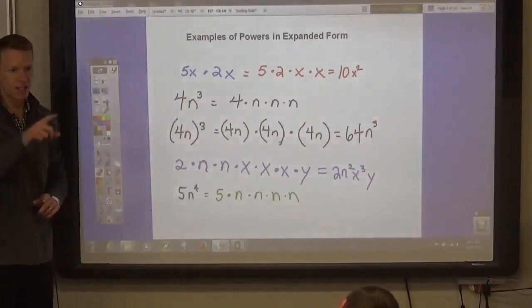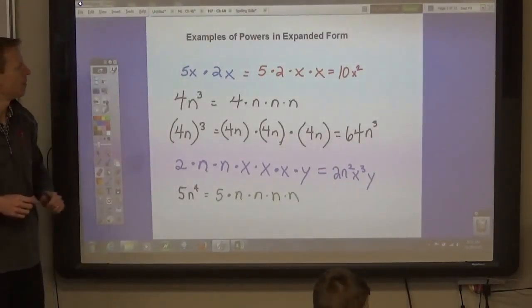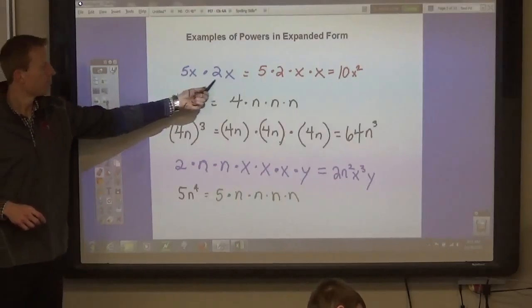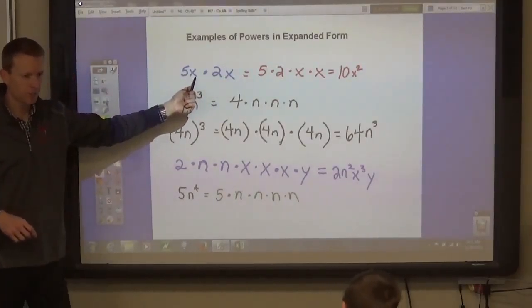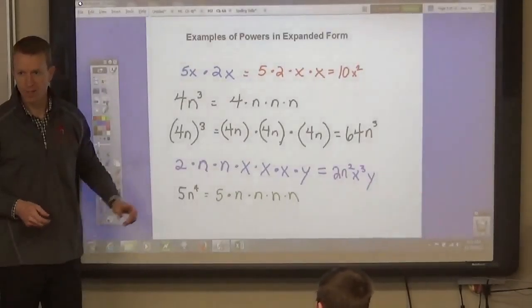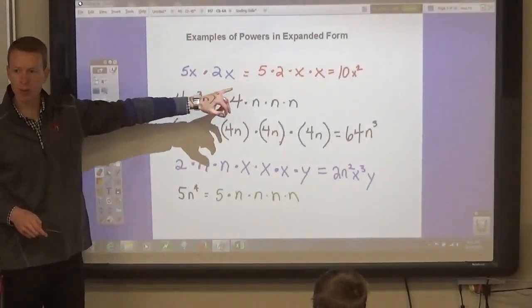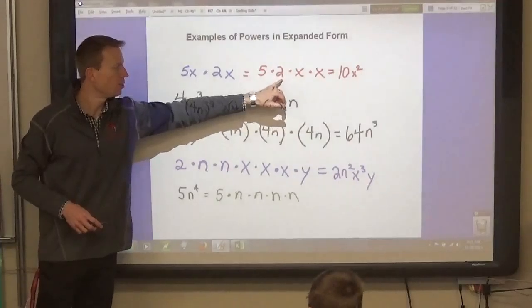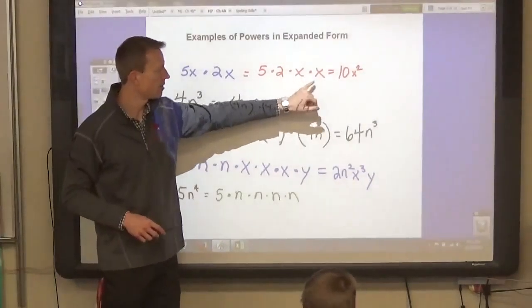Commutative. Right. So look at this expression, 5x times 2x. We can switch this around so it says 5 times 2 times x times x.